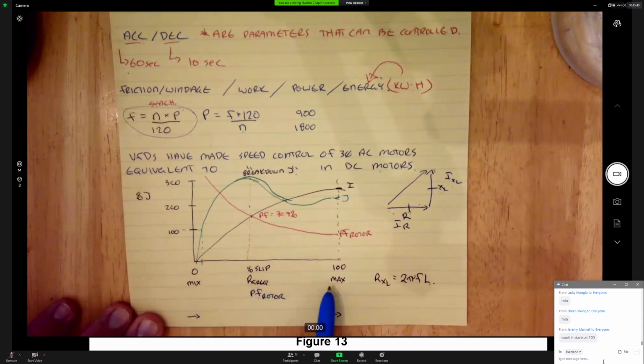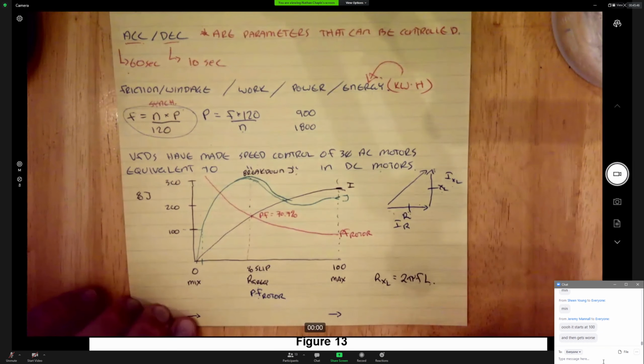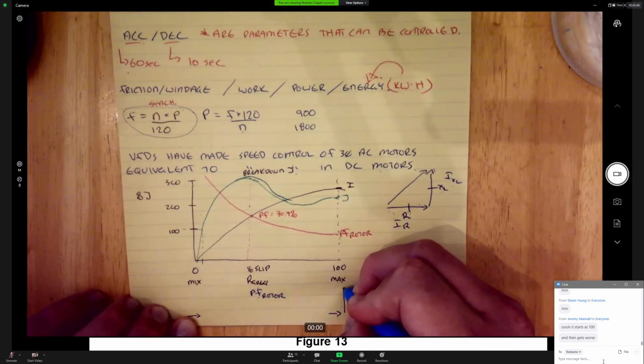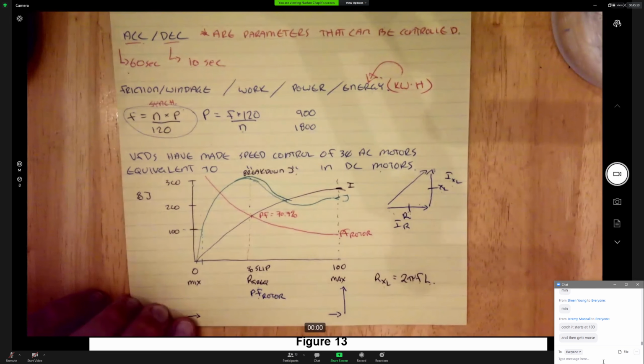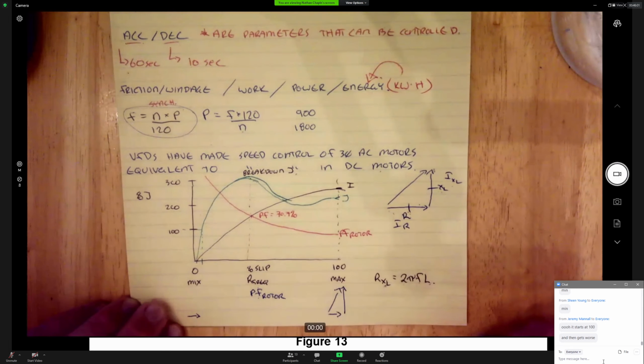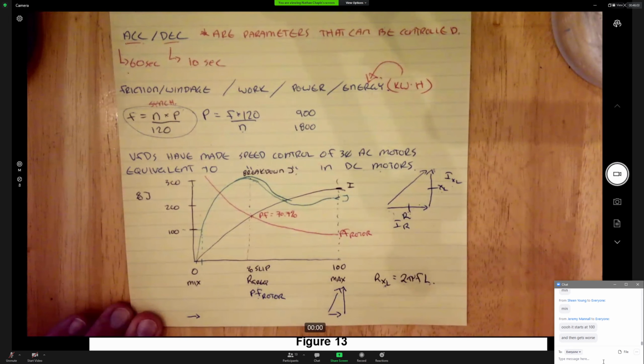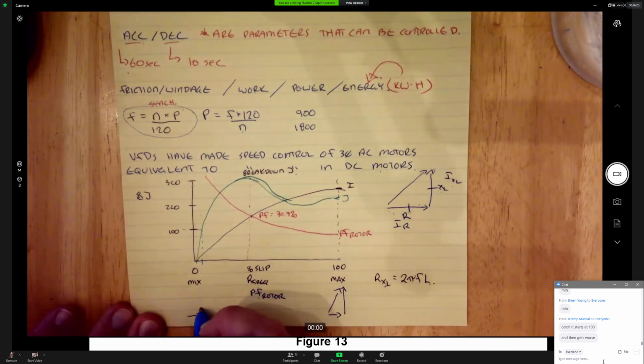If the rotor frequency is at a maximum, then the inductive reactance here, yes, that's right, Jeremy, if the frequency is a maximum, then the inductive reactance in the rotor is at a maximum, which means that at the instant we start up, the power factor is very, very poor compared to if frequency is at a minimum, the inductive reactance is also at a minimum.